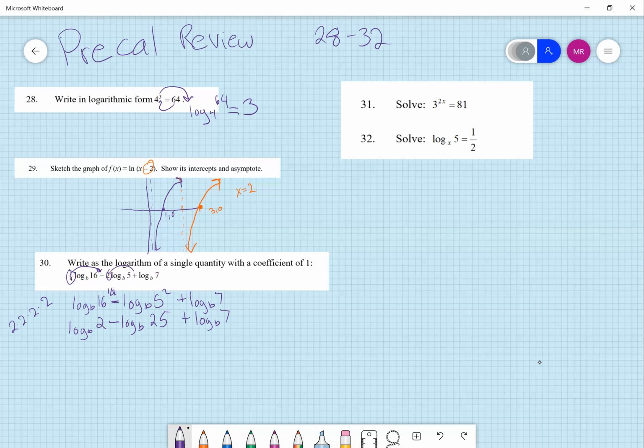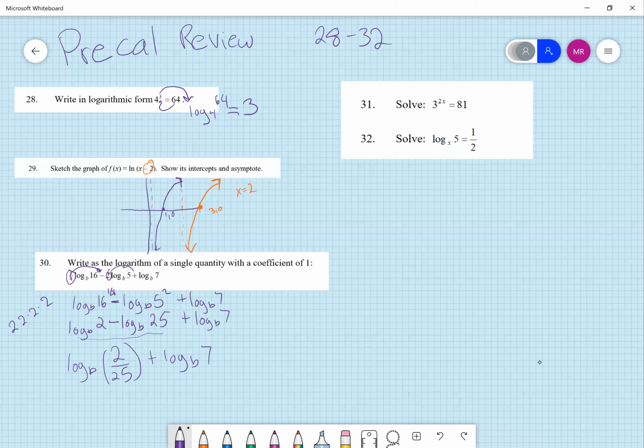Now, the subtraction or the quotient rule for logs says that because these two things are subtracted, we can combine that because they have the same base of log base b. It's 2 over 25 plus log base b of 7.